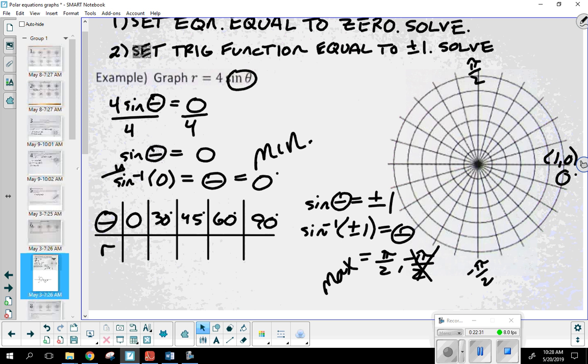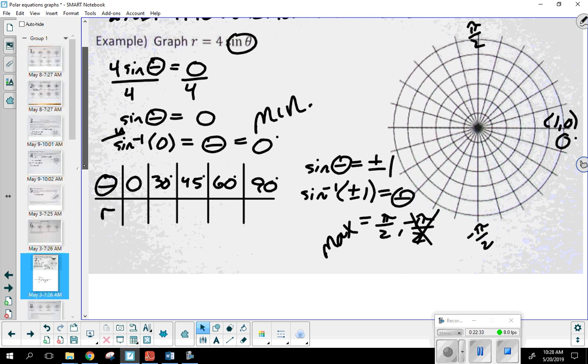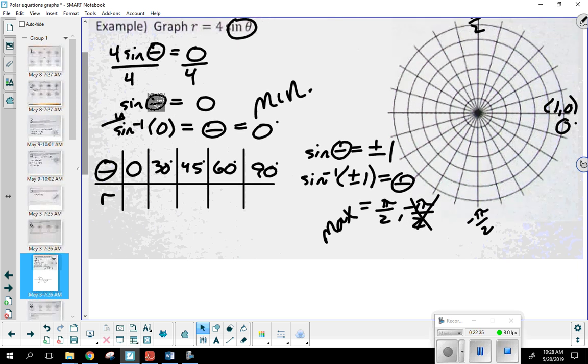All right. So I want to go ahead and show you a couple things. There's a reason why I chose these points specifically, and if you don't already see it, I'll connect it for you in just a second. But take about 30 seconds, fill in the rest of that table. Now, 3 of these, I'm really hoping you don't need the calculator for. You shouldn't need a calculator for 0, 30, or 90. Okay, but we are going to need the decimal value when it comes to 45 and 60.